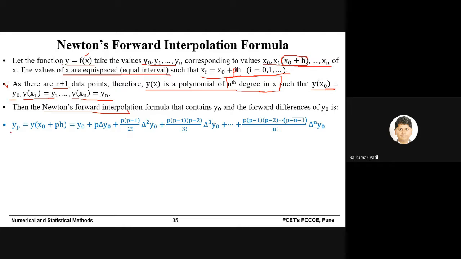So the generalized formula is yp is equal to y of x0 plus ph, where x0 plus ph is nothing but x, and we can expand this and it will give y0 plus p delta y0 plus p into p minus 1 upon 2 factorial del square y0 plus p into p minus 1 into p minus 2 upon 3 factorial del cube y0, up to p into p minus 1 into p minus 2 up to p minus n plus 1 upon n factorial del raised to n y0.